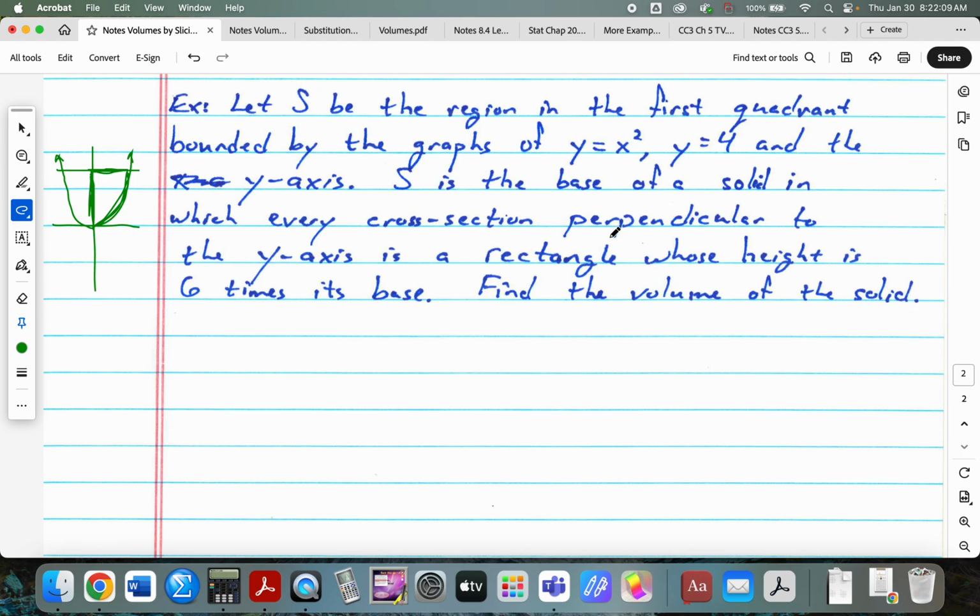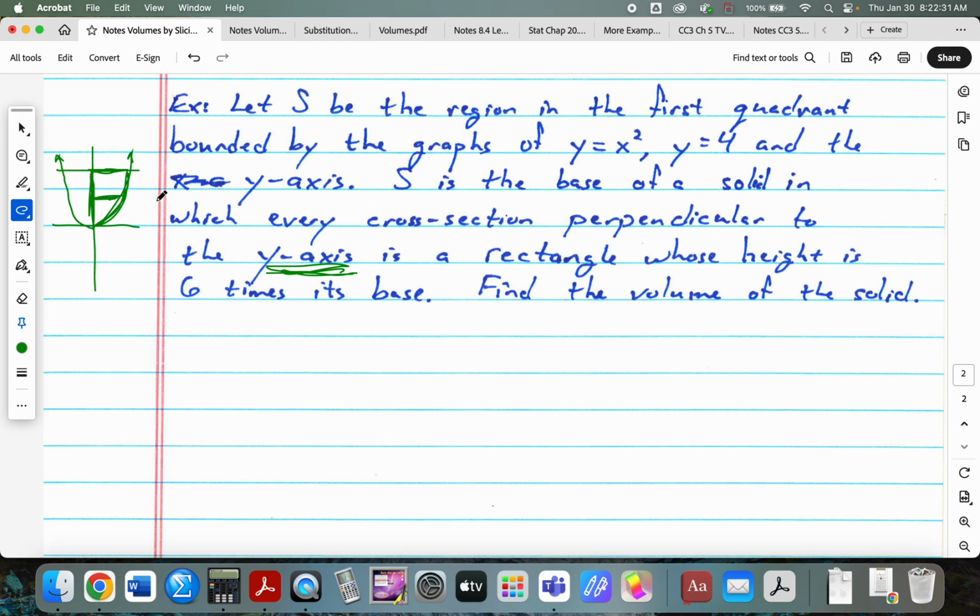It says every cross-section perpendicular to the y-axis. Okay, so my cross-sections are going this way. So because my cross-sections are going this way, I need to have everything as x in terms of y instead of y in terms of x.